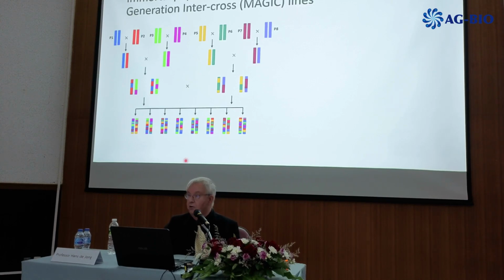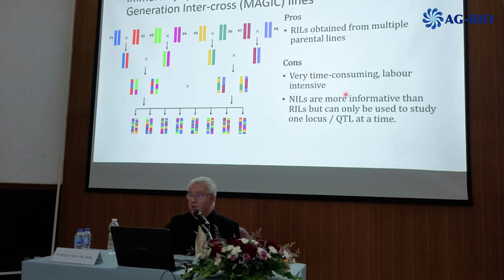And for that one too, we use the same trick of inbreeding, selfing again and again, to remove all the heterozygosity. So these are RILs obtained from multiple parents. It is very time consuming and labor intensive. But that doesn't matter, as MAGIC lines are produced for all major crops. I remember they are used a lot for tomato and for barley and several others.